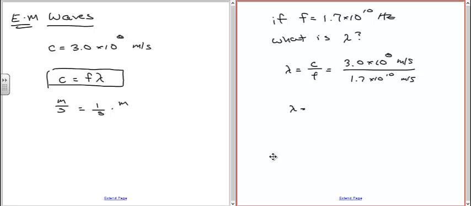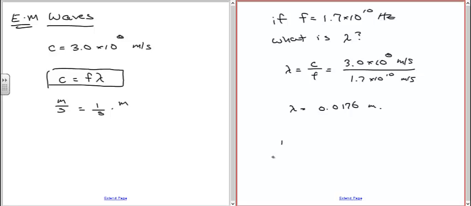So 3e8 divided by 1.7e10. So I get 0.0176 meters.